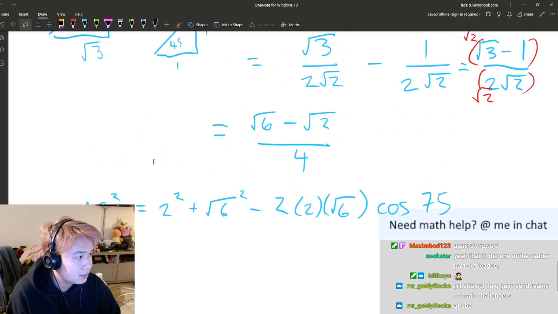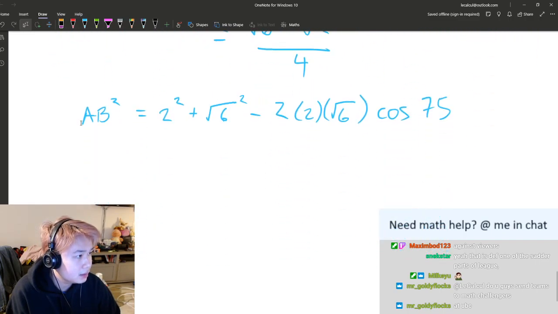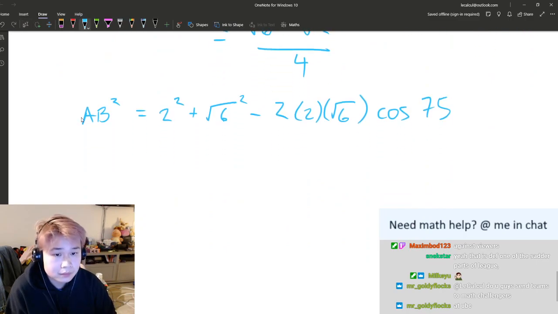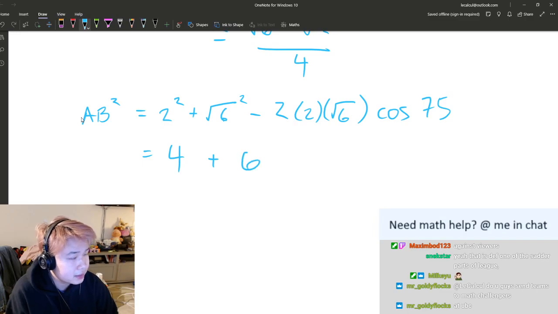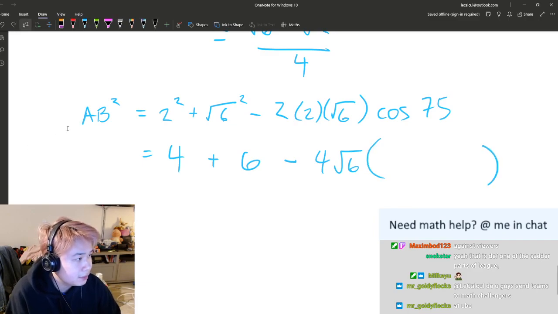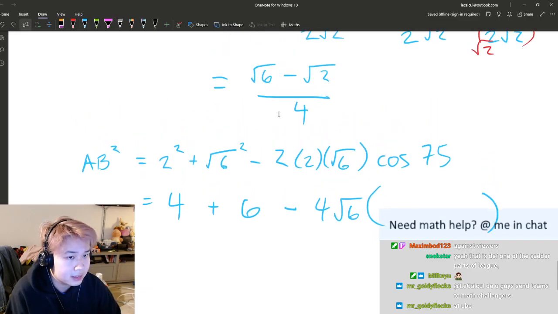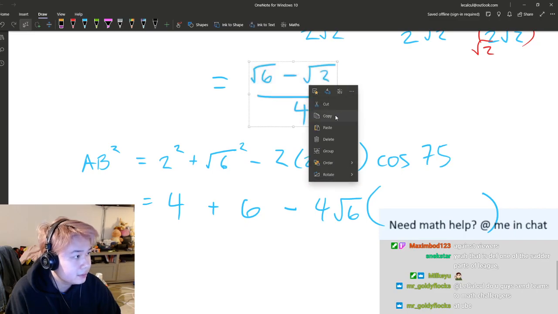Okay, so let's work through this then. So this is 4, this is 6, this is 4 root 6, and then from the earlier part, I know what cosine 75 is. It's all of this stuff.